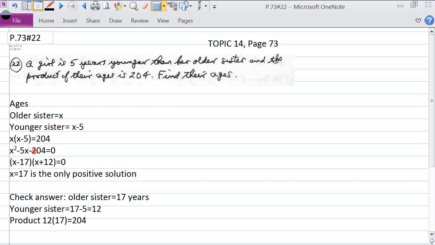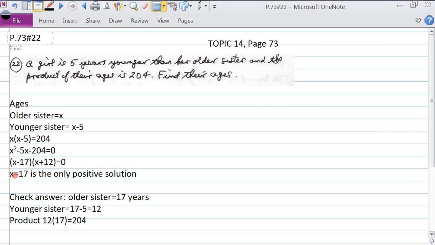Even if I take 2 and 102, that's not going to work either, because I'm not going to be able to combine 2 and 102. So I have to look for numbers that are more close together so that their difference only gives me 5. In this case, it happens to be 17 and 12.